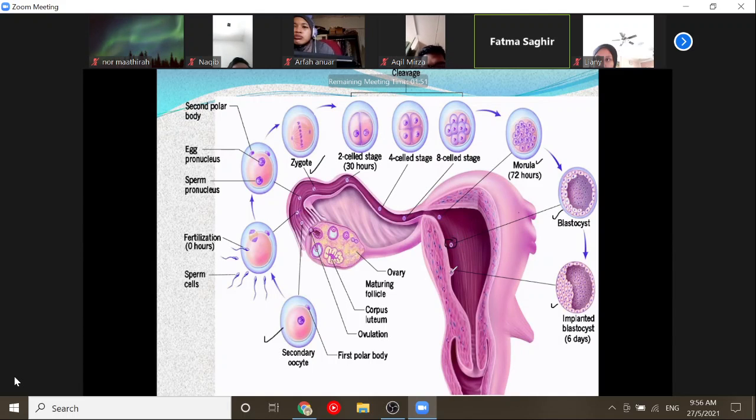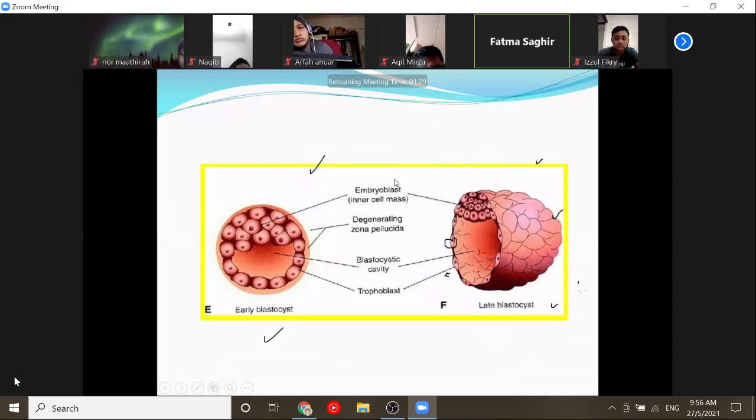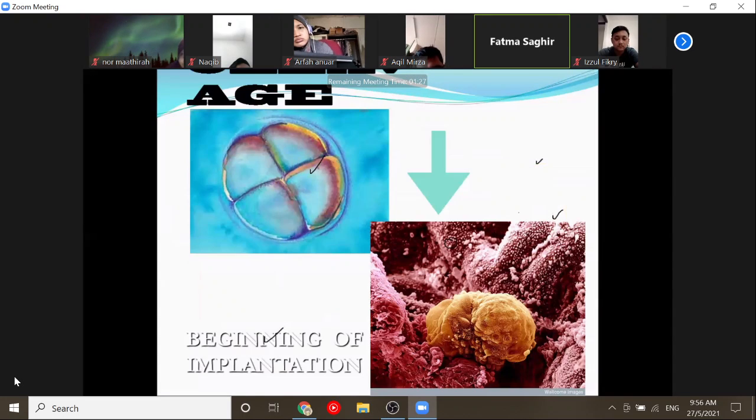Then blastocyst starts the process of implantation. So we know the structure: we have an outer layer and inner cell mass, and inside we have fluid.